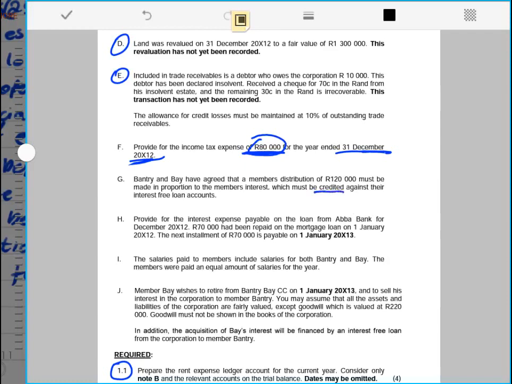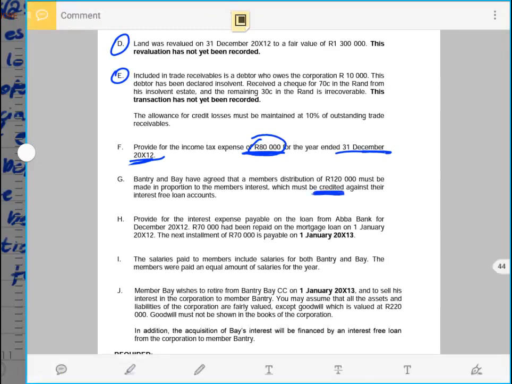So now it means that the 120,000 rands must be split according to the members' interest when it comes to the interest-free loan between the close corporation and the members. So when it comes to the loans, which is the members' loan, or the notes on loans to members, this must be split based on the members' ratio.